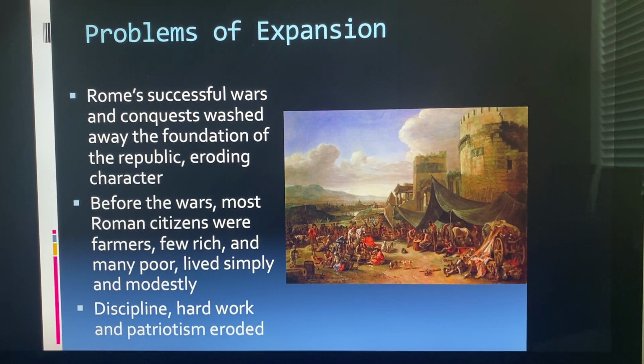So the lower class and the farmers of Rome became poor and had to move into the cities. Before they had lived simply and modestly, but now, because of the cost of farming, when they were bringing in food from other places, they couldn't sell their products at all. So discipline, hard work, and patriotism eroded as a lot of the farmers moved into the bigger cities.